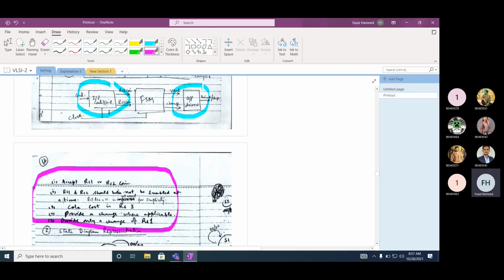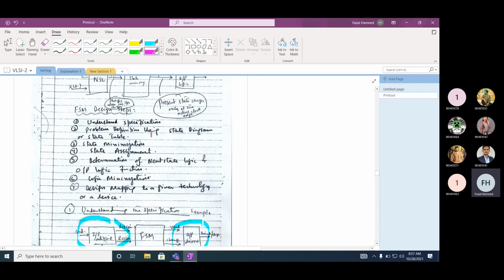What is the second step? Can you see? Problem definition using a state diagram or state table. Now we want to translate this problem or specification into some kind of flow diagram, which we call a state diagram.